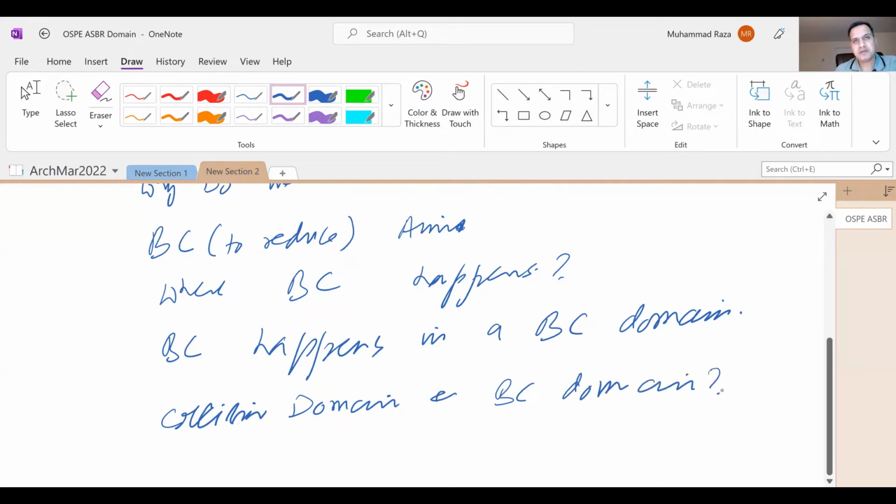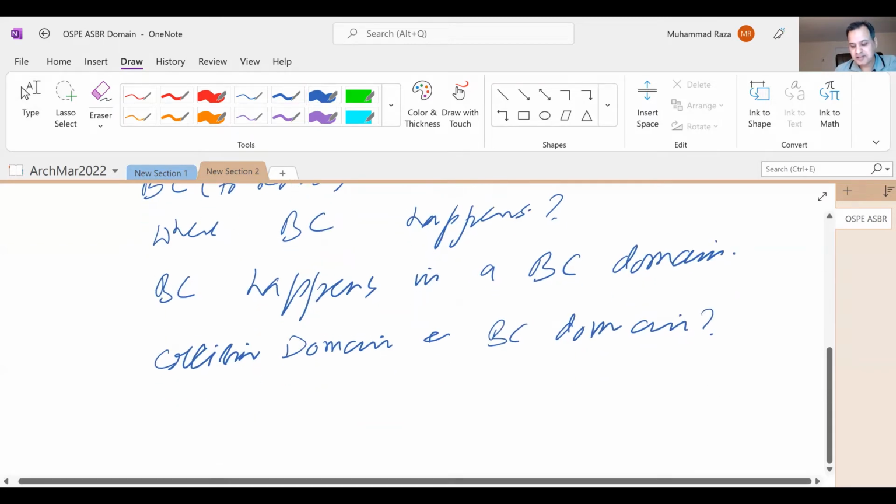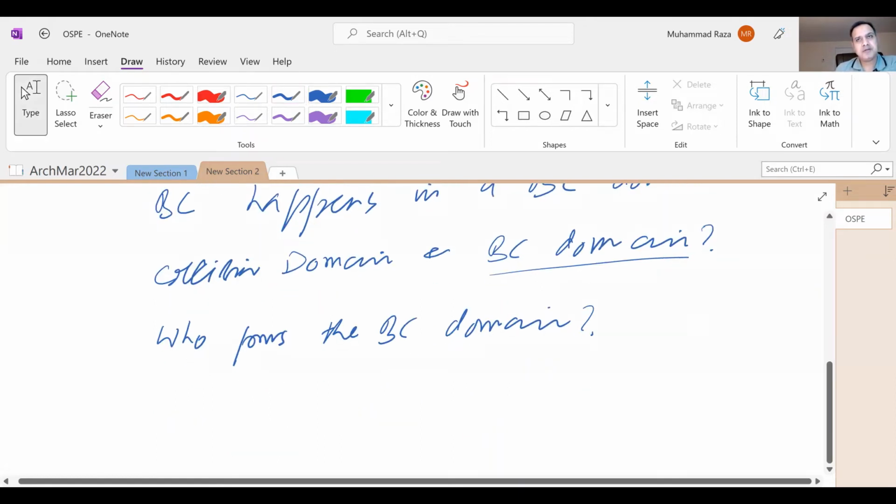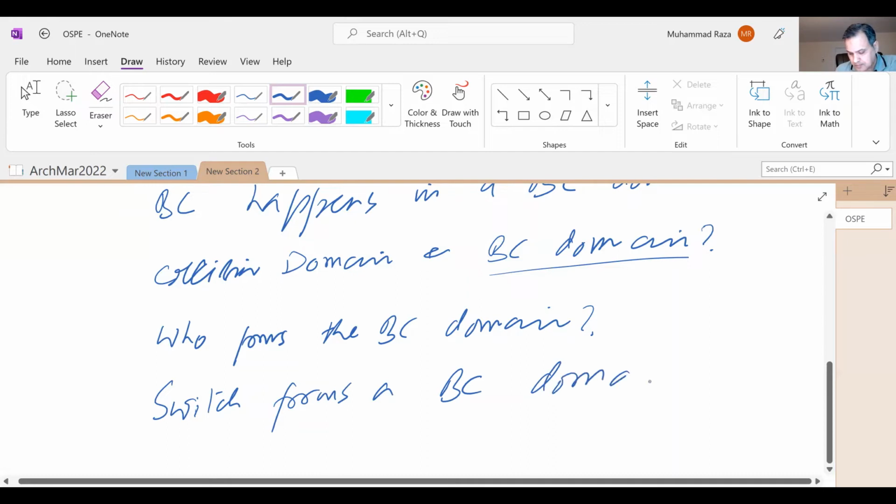Usually we would know the difference. Then, who forms a broadcast domain? I would say a switch. A switch forms a broadcast domain.